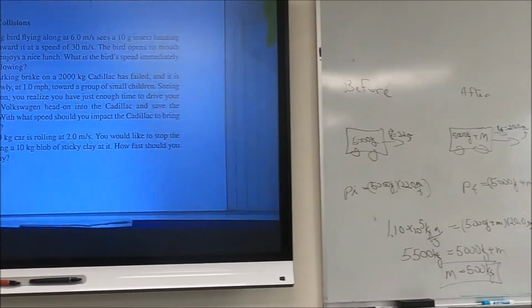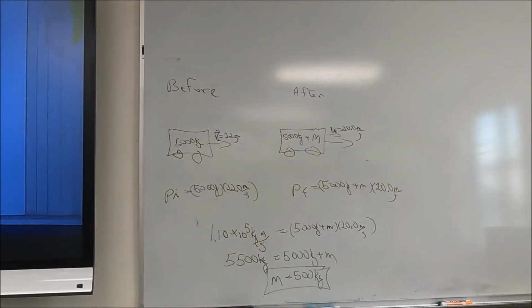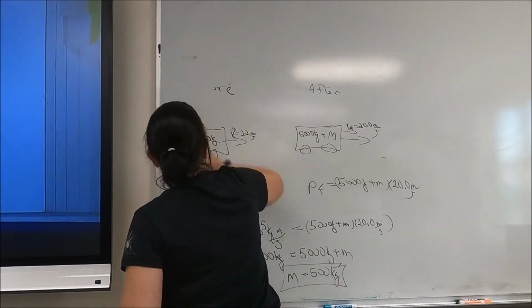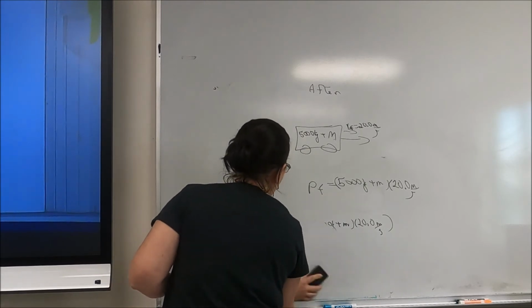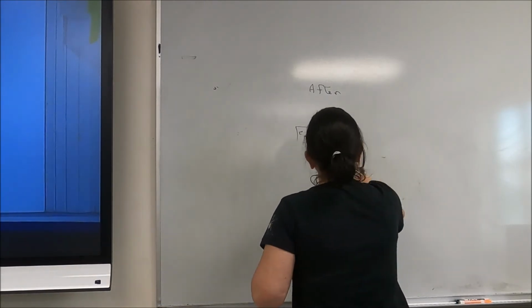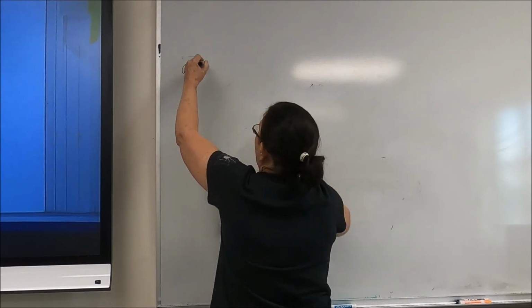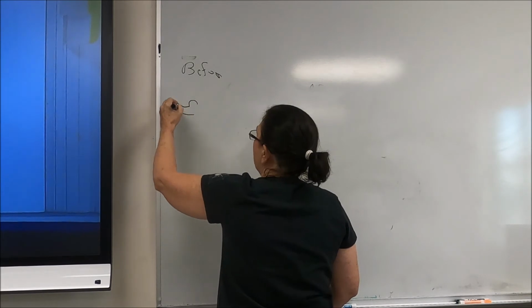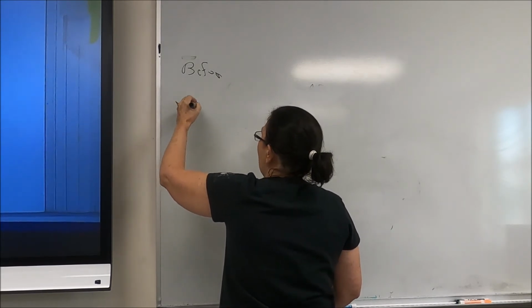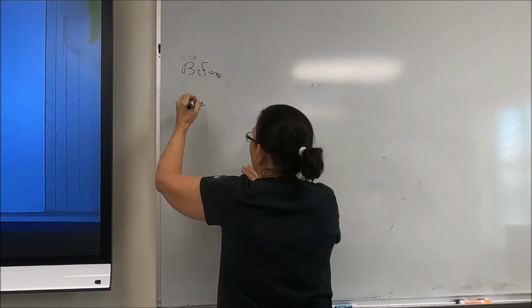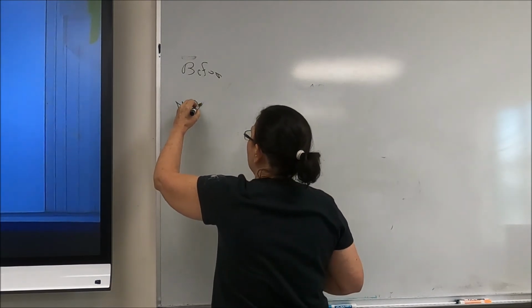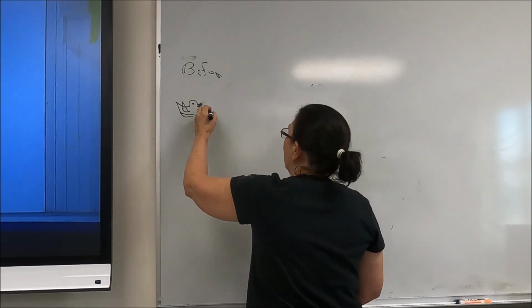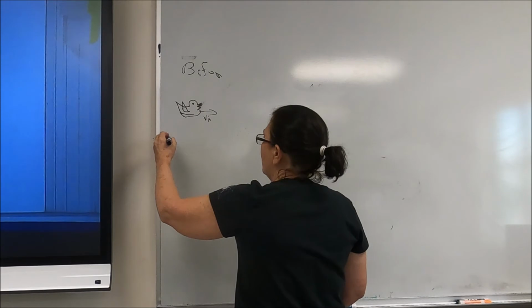Let's look. So, again, in this chapter, it's all about thinking about before and after the event. If I think about the before, I've got my bird, with its little mouth open, flying along here. Its velocity initially is going to be in this direction.